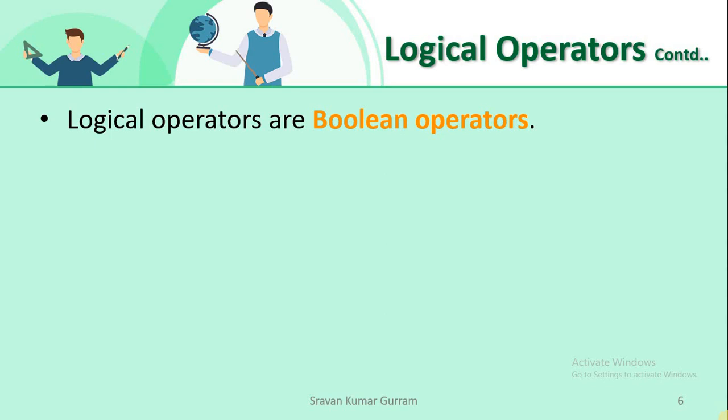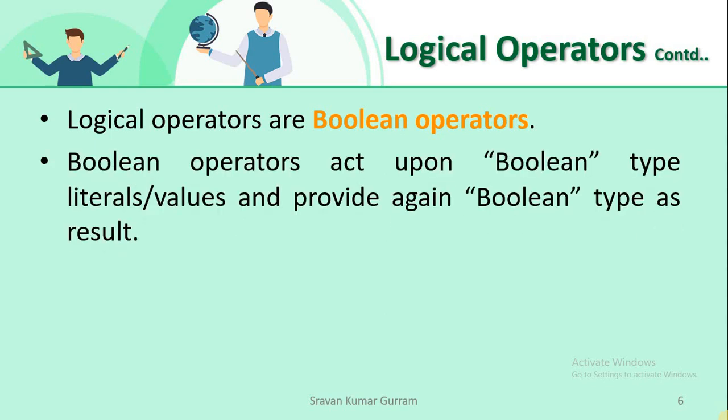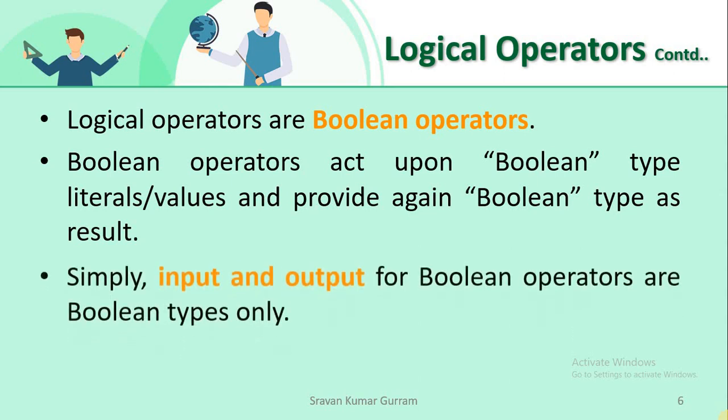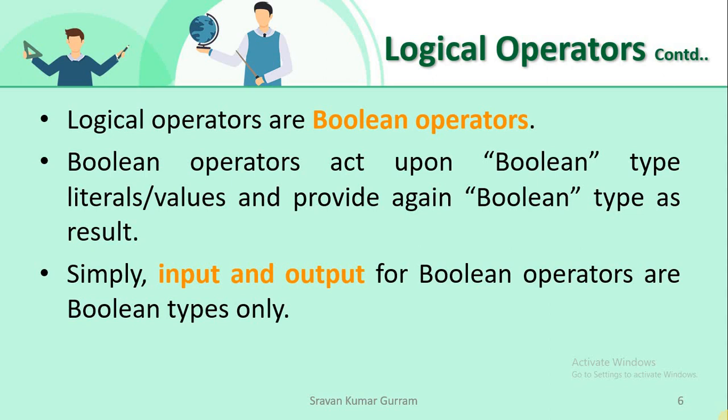Logical operators are Boolean operators. Boolean operators act upon Boolean type literals or Boolean type values and again provide a Boolean type as the result. Simply we can say that input and output for Boolean operators are Boolean types only.